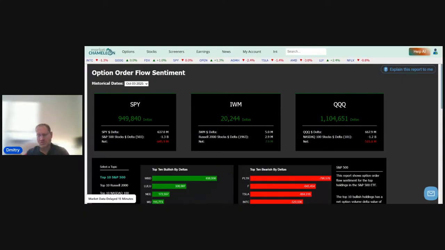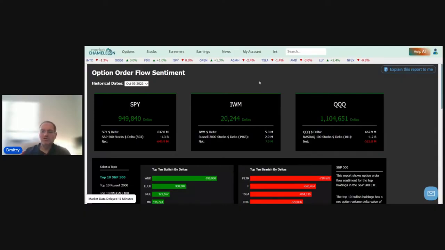Options don't necessarily have to be directional either. We're keeping track of just the delta volume, but of course, people could be using options for other purposes. We don't know if they're hedging or doing certain strategies, but we could also take a look at the individual stocks as well to see what's going on in option order flow there.